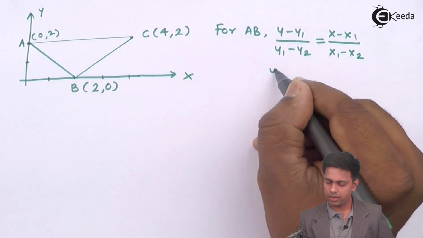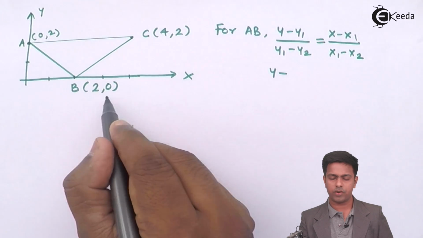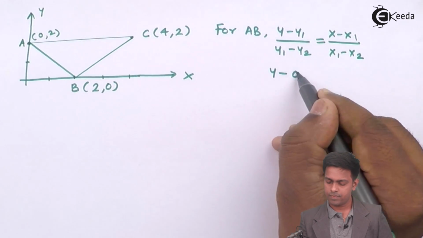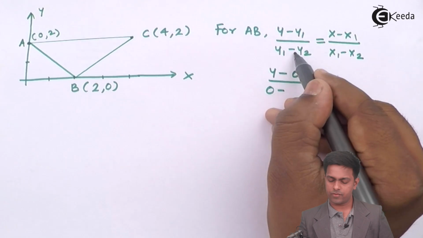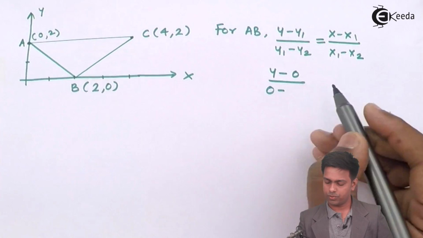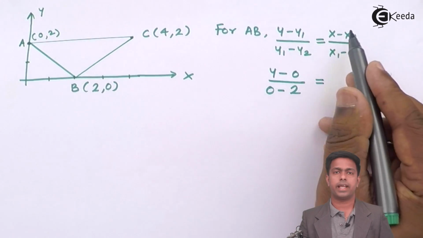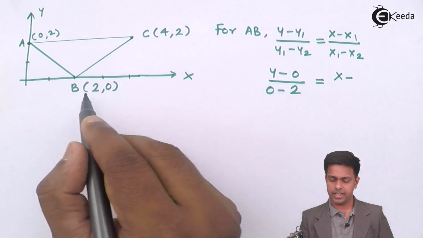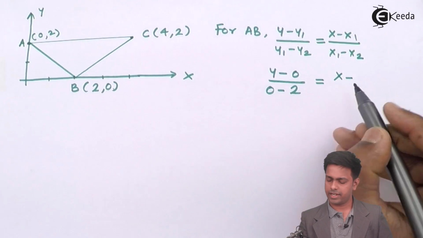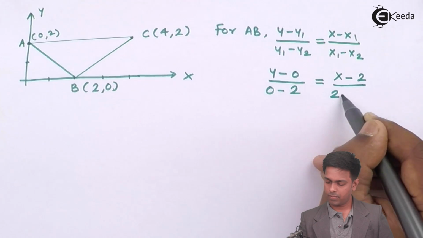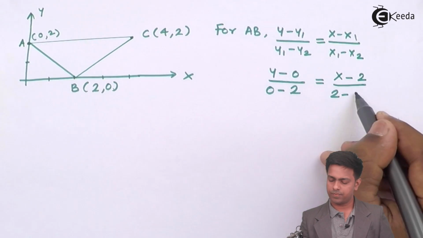So let's start. This will become y minus y1. This is x1, y1, so y1 is 0, minus y2, this is x2, y2, y2 is 2, equal to x minus x1. This is x1, y1, so x1 is 2, minus x2, x2 is 0. Let's solve this.